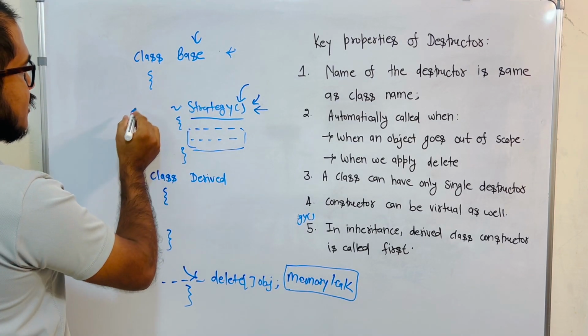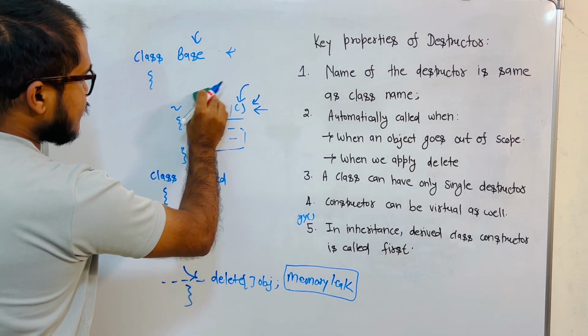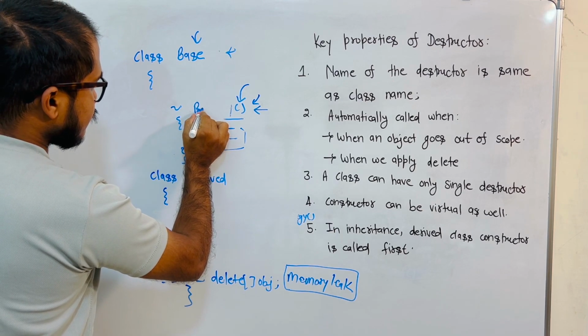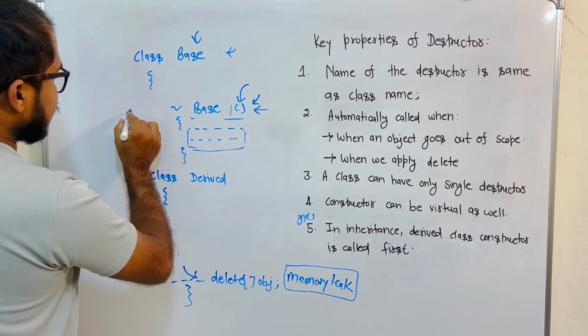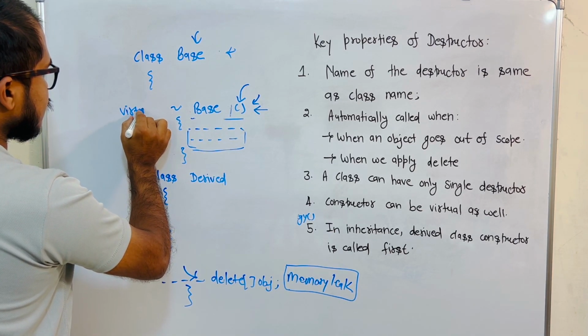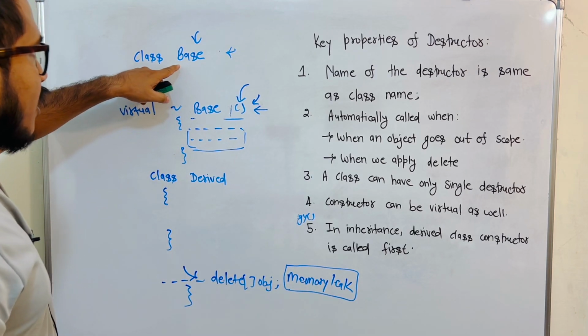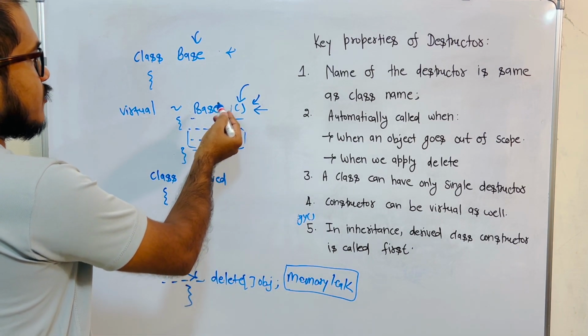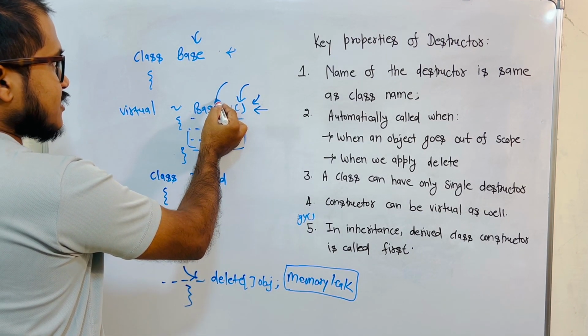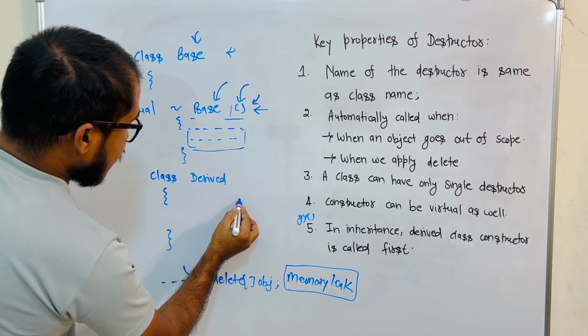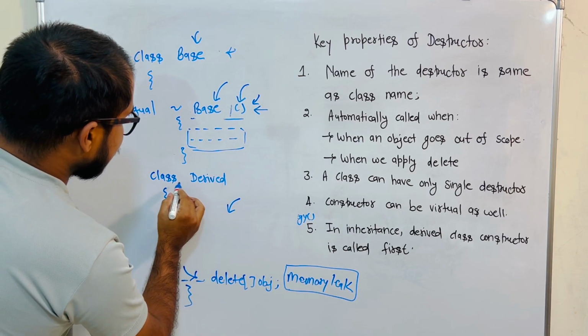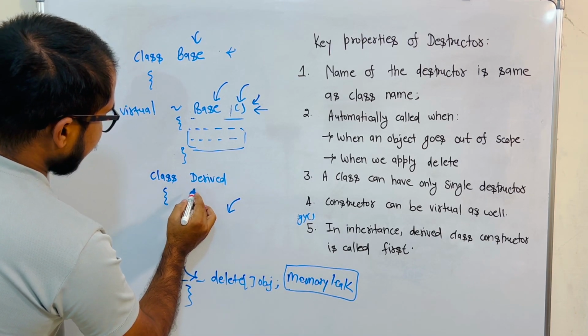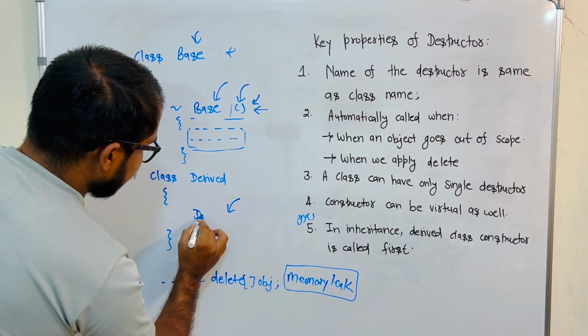It might happen that here is the destructor and it is virtual. So this can happen. Now depending upon which class object is getting created, we will decide whether to call the base class destructor or the child class destructor. So this particular class can have its own destructor.